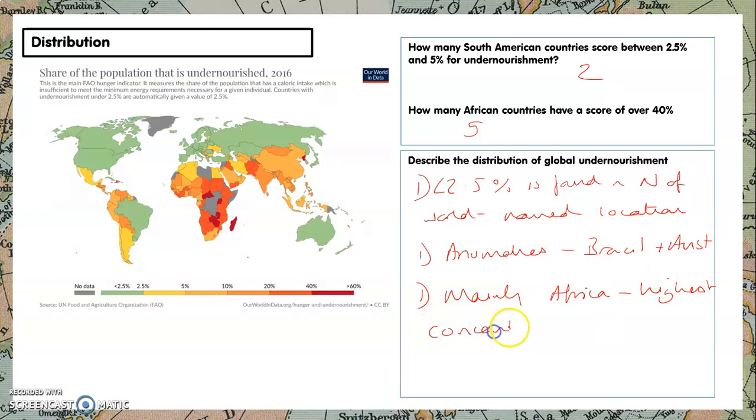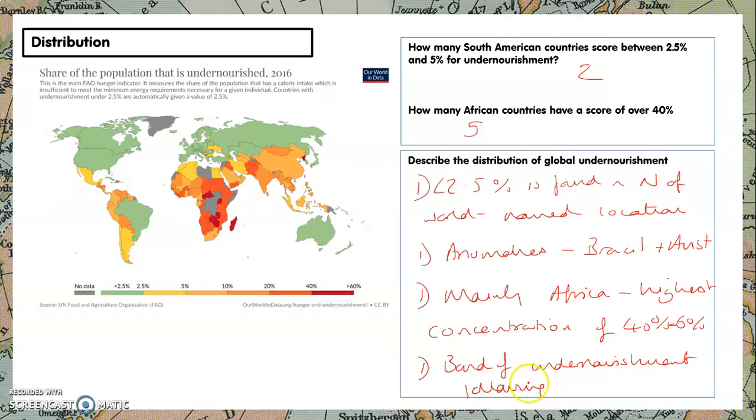So you'd say highest concentration of 40% to 60%. Okay, you'd obviously get that 1 mark for a band of undernourishment following the tropics. Okay, so that is basically it.